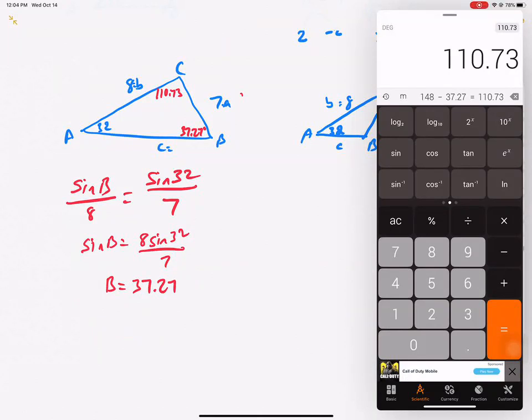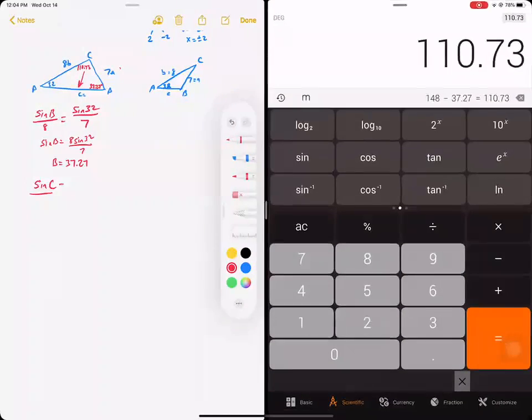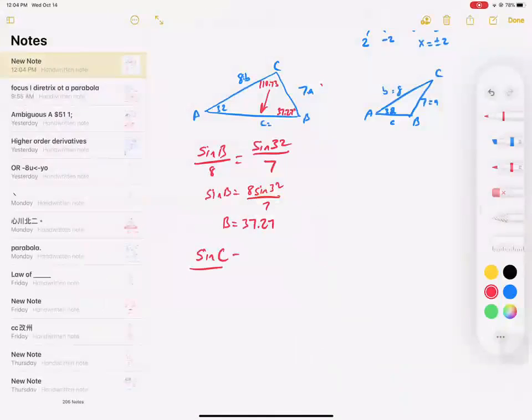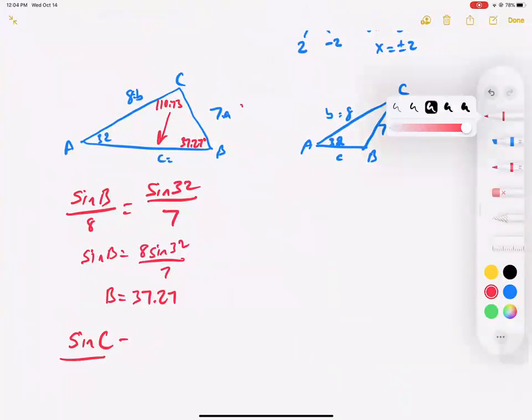All right, and now if I have angle C, I can find side C doing law of sines again. Sine of C over, whoops, we know what the angle is. We know what angle C is. That's 110.73.